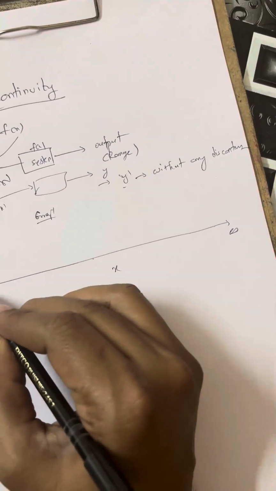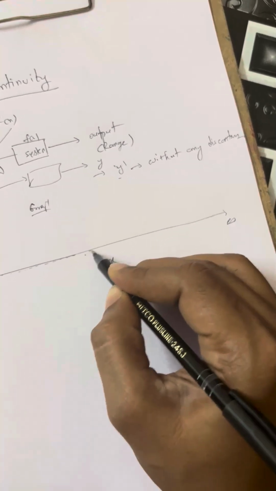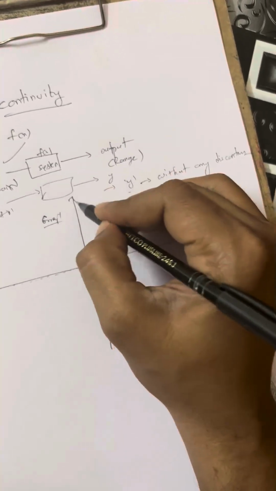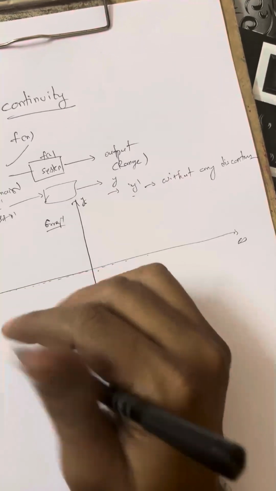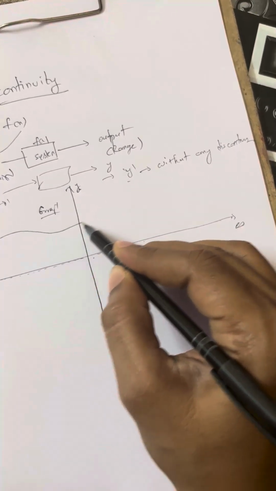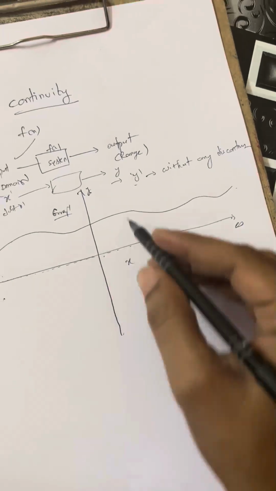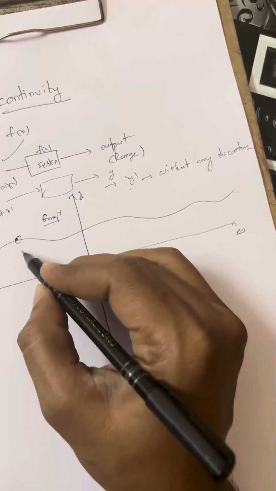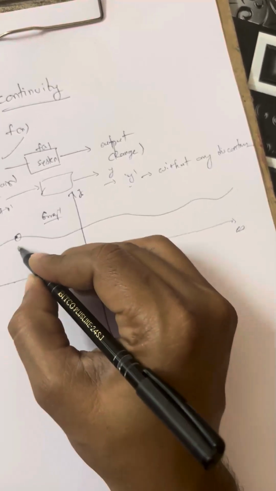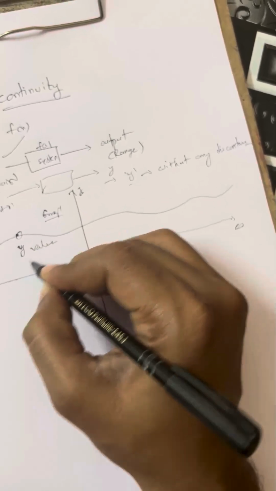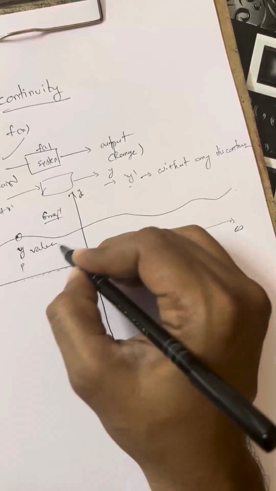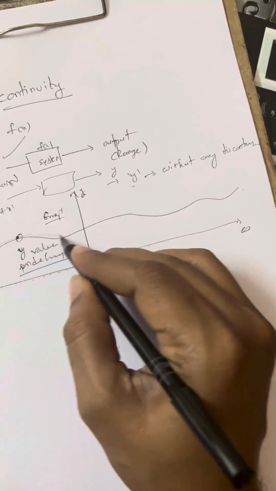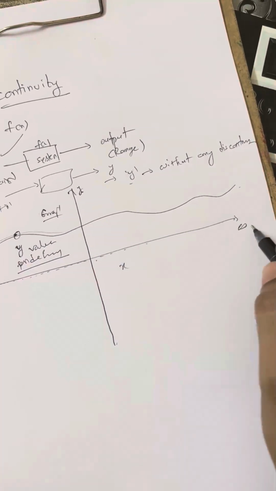For different x values, from minus infinity to infinity, if you analyze the output y and it is something like this, continuous without any gap, I mean there are no undefined values, no y value that is undefined, then the function is continuous over some interval.